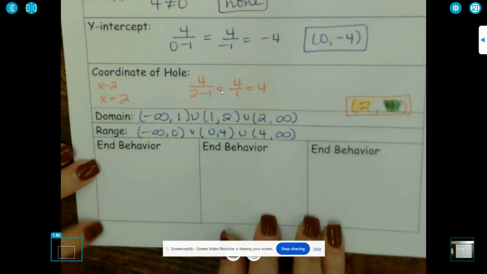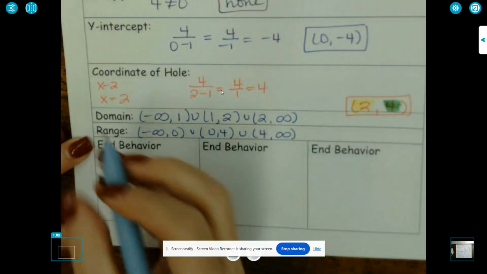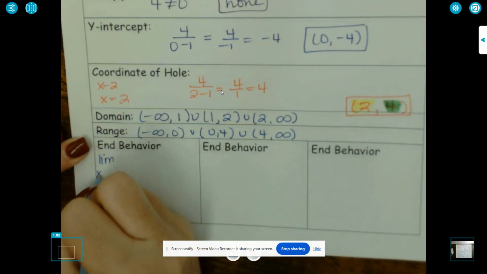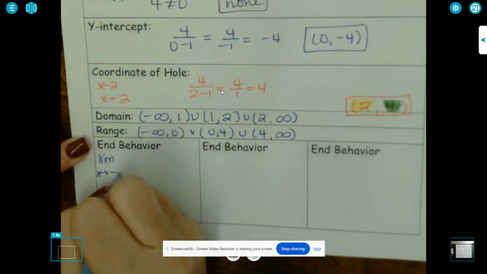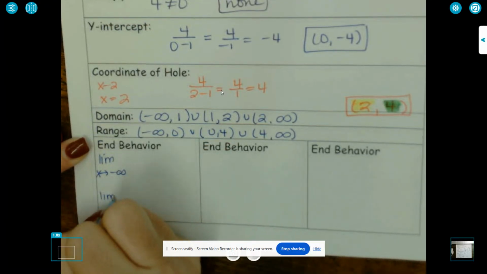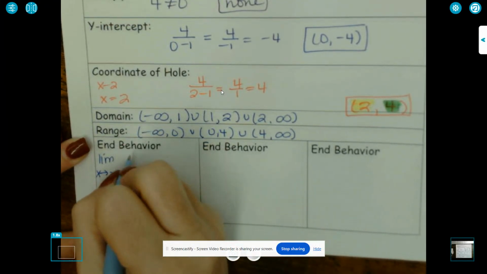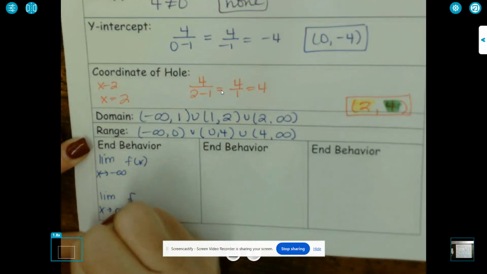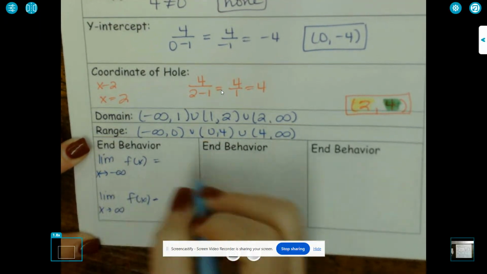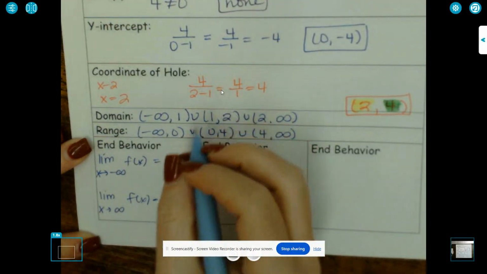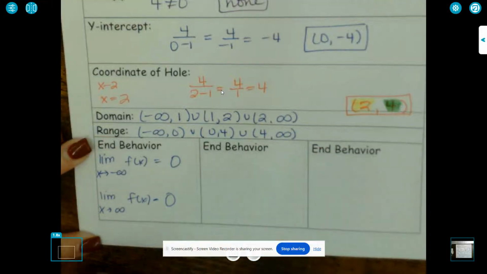All right, so again, horizontal asymptote: our extreme ends, and this is f of x again. We're going to approach that horizontal asymptote, which is going to be 0.